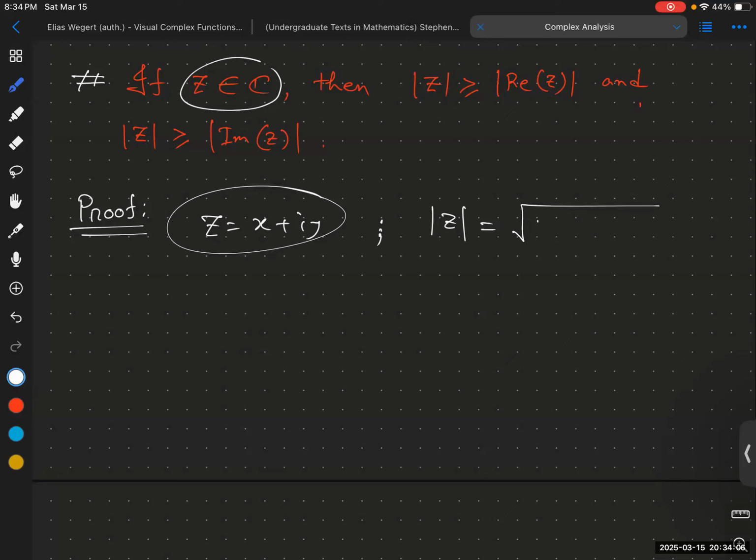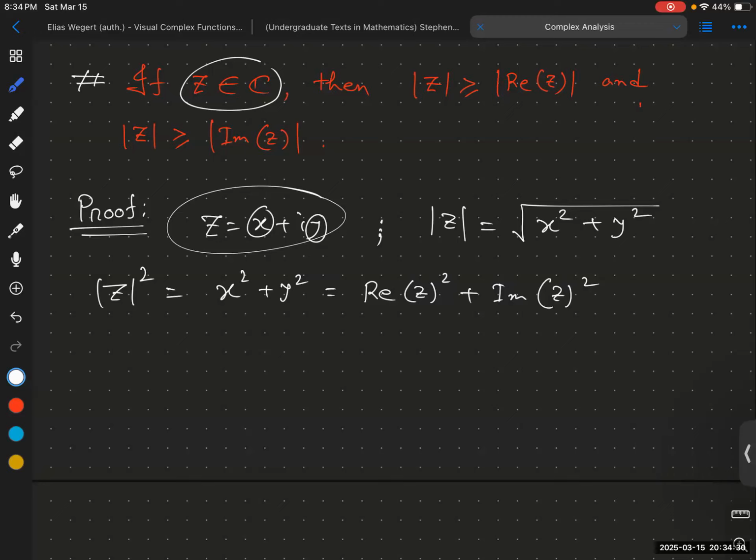So this will be root over x square plus y square. From here we can say that modulus of Z whole square is x square plus y square. But x is the real part of Z and y is the imaginary part of Z, so we can write it as real part of Z whole square plus imaginary part of Z whole square.